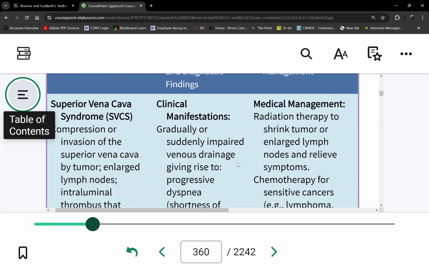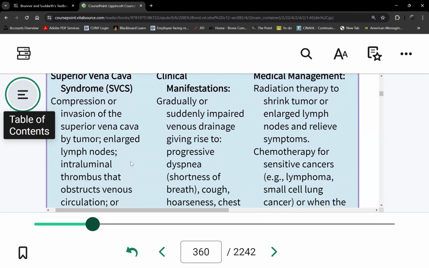Now, the first column will tell you what type of patients are at risk for this type of emergency. These are patients with tumors in and around the thorax. So we're talking lymphomas, or let's say lung and bronchial cancer, or any other tumor growing around the torso, because that's where your superior vena cava is.